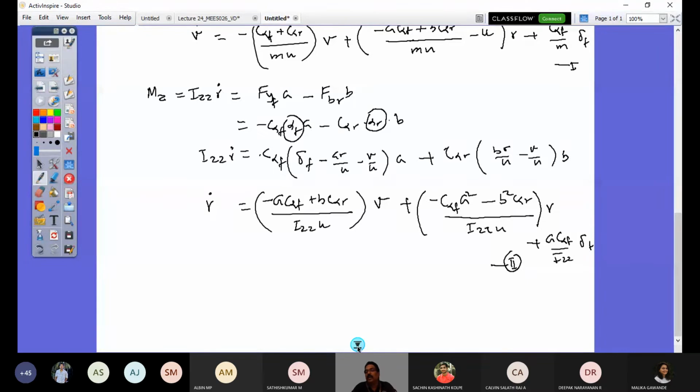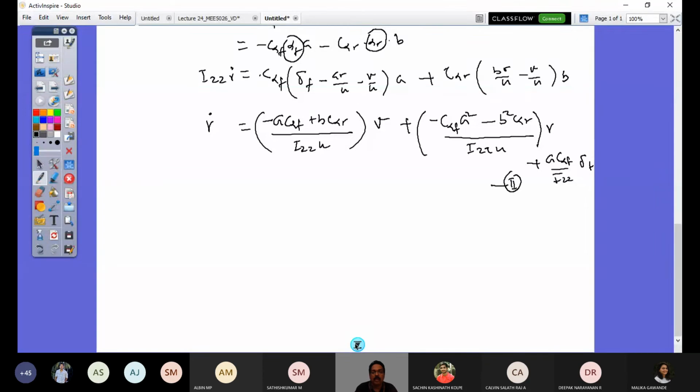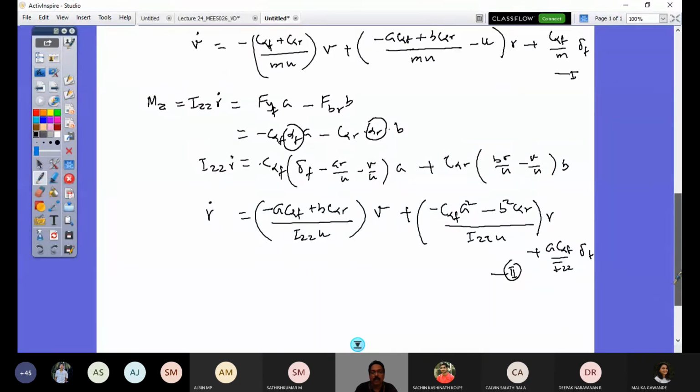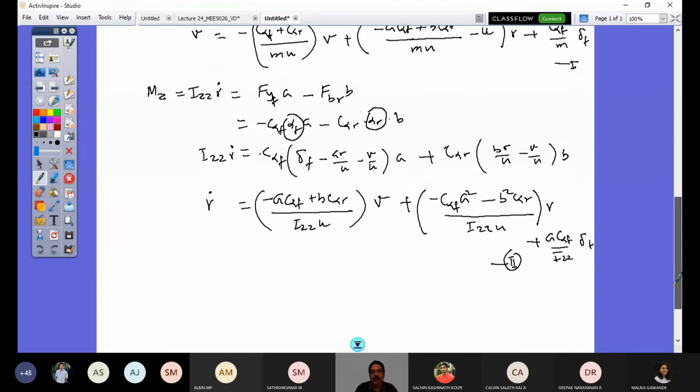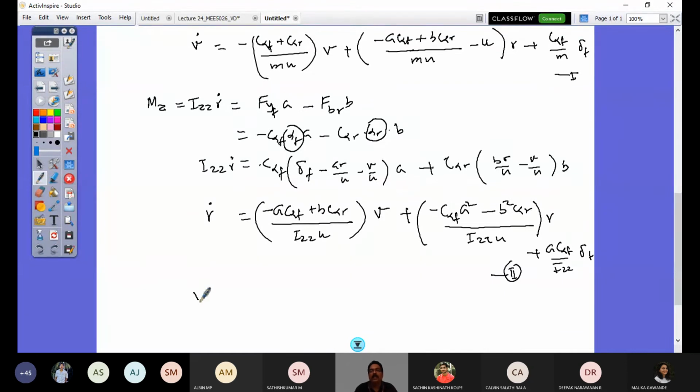I can take the first equation and second equation, which have on the left hand side V dot and R dot, as a vector, V dot and R dot as a vector on one side, and I can group the right side as a 2 by 2 matrix where the elements are written like this. So minus C alpha F plus C alpha R by mu. So that is this term.